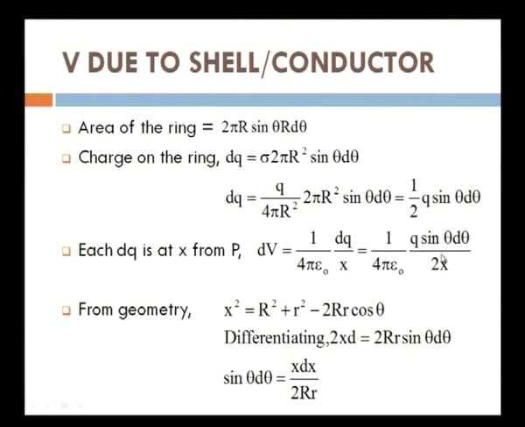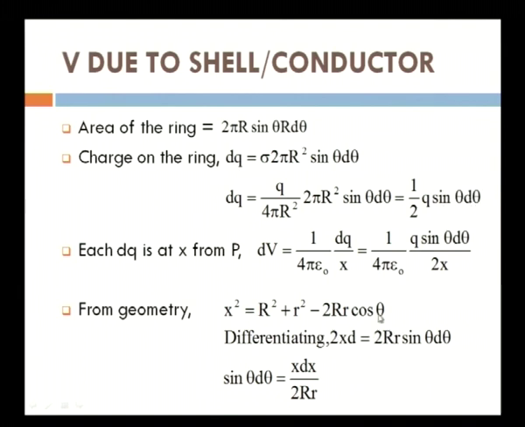Now, we go for some geometrical consideration, so that we can replace the value of x with measurable values like small r, which is the distance from the center of the sphere to the point. This is a geometrical relation, but we want to have the sin theta d theta term.